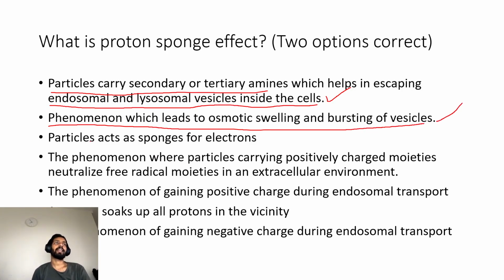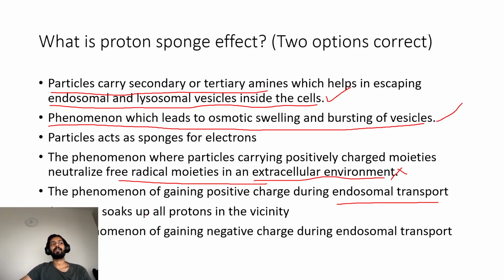So it is not the case that particles are acting as sponges for electrons. I mean, they can, but that's not what's happening here. It's not the phenomenon where particles carrying positively charged moieties neutralize free radical moieties in the extracellular environment. We're not talking about the extracellular environment, we're talking about intracellular delivery, so that's not true. And it's also not the phenomenon of gaining positive charge during endosomal transport. The charge of the particle is not getting significantly altered during this process.